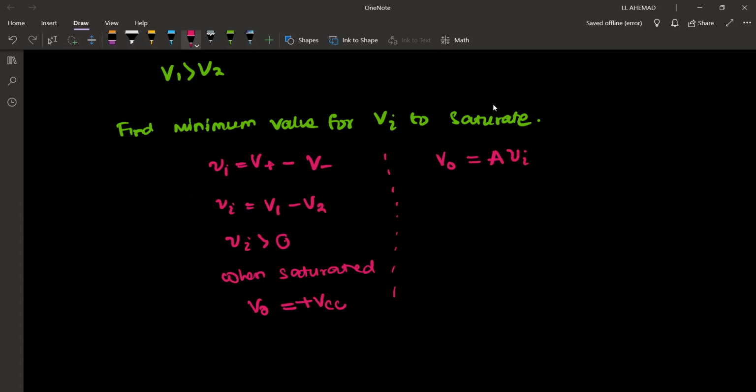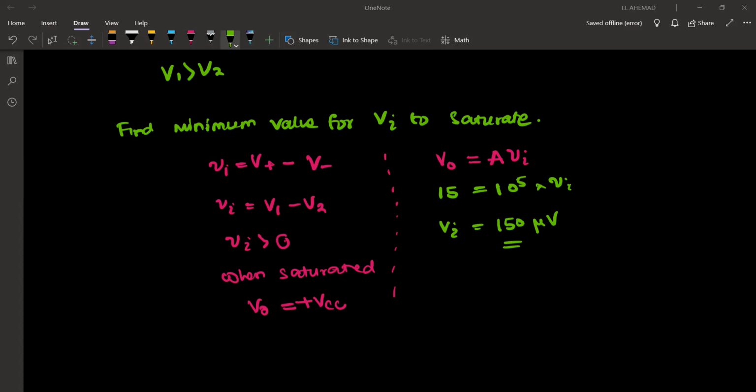So V naught is going to be plus 15 and A is 10 to the power 5 into Vi. So Vi is equal to 150 microvolt. So for this small potential difference between the two terminals, it gets saturated.